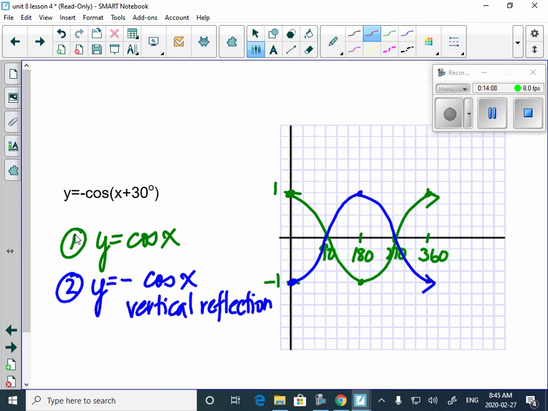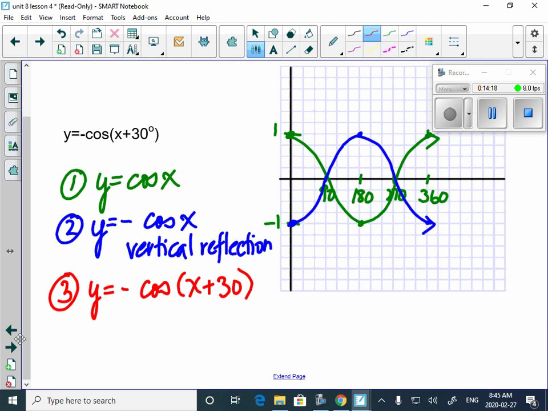The last transformation is that plus 30, which is in brackets. That means it's a horizontal change, and horizontal changes are always a little bit painful. So we are taking the blue one, horizontal translation. It will be 30 to the left.